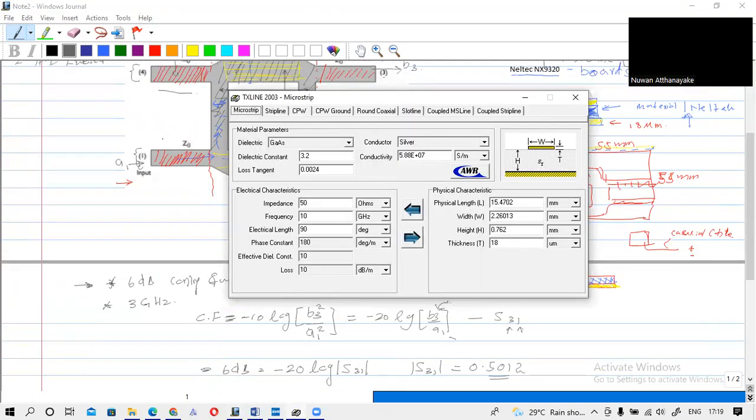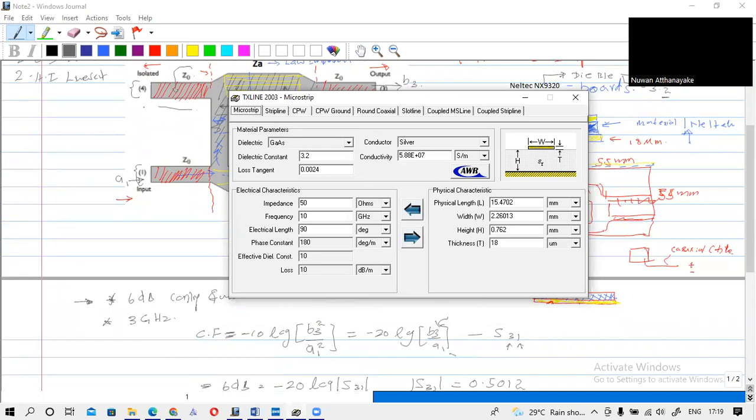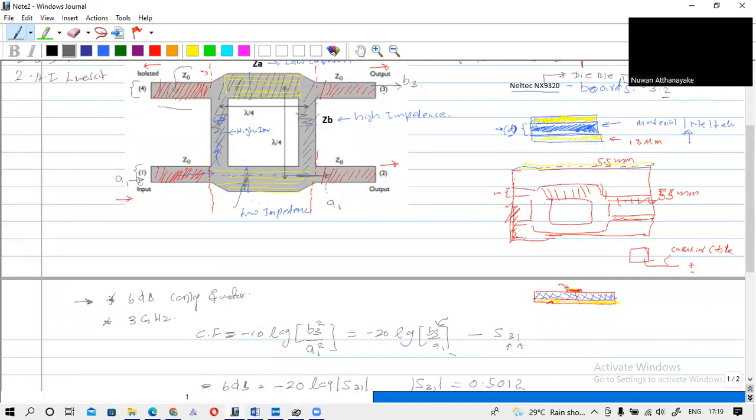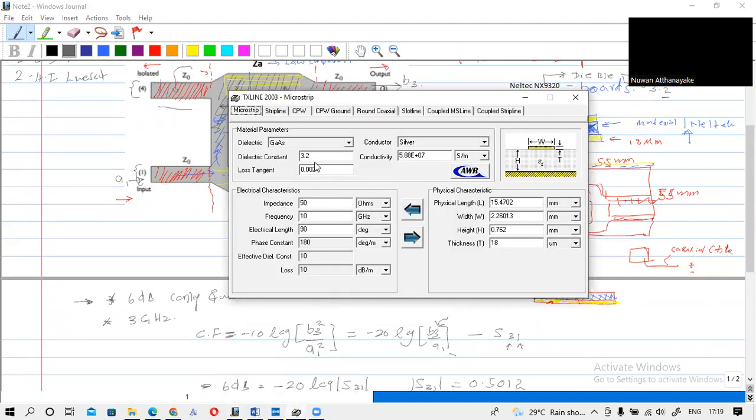First we measure the width of the transmission line. What is the dielectric constant? It is 3.2. The loss tangent is also given, and I have put it in. I will choose copper.